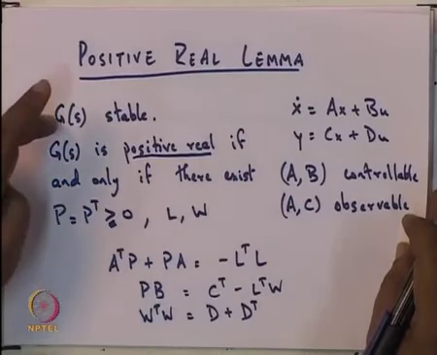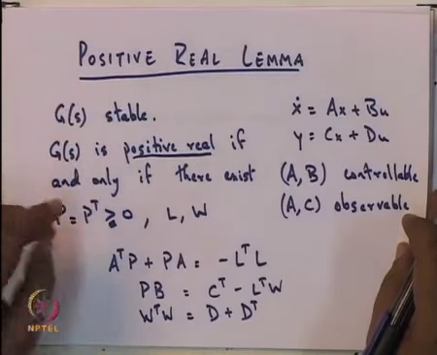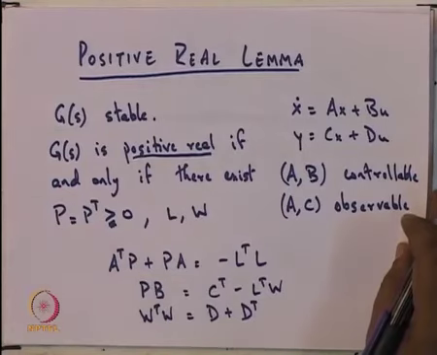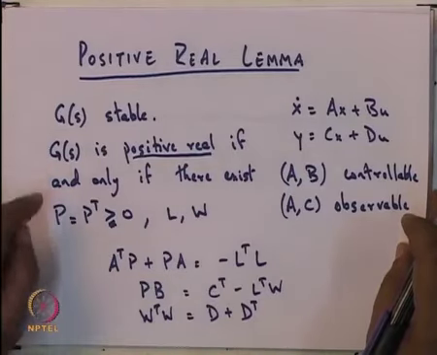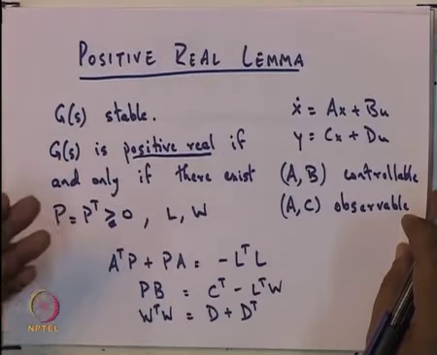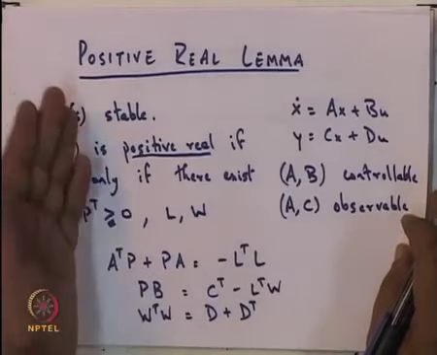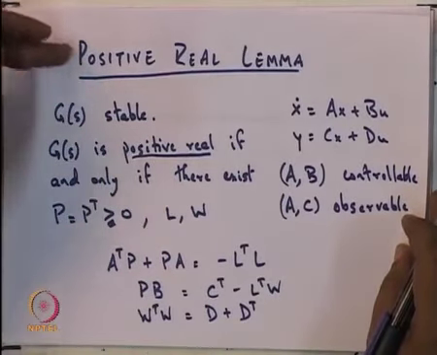The only constraint is that this G S must be multiple input, multiple output, so they are square matrices, the number of inputs is equal to the number of outputs, and G S is positive real. There is a definition of positive reality for matrices which I have not given, but I will give it as soon as we finish the complete proof.